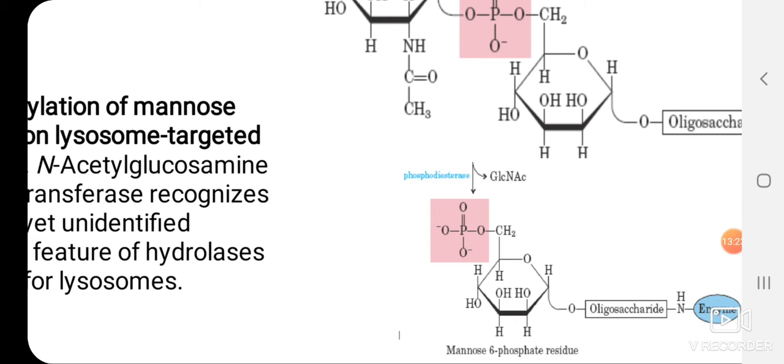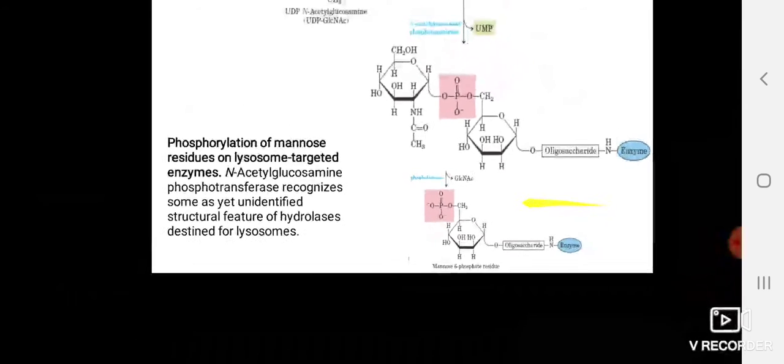By the removal of N-acetyl glucosamine, it is going to produce the mannose 6 phosphate residue at the terminal of the oligosaccharide unit attached with the enzyme. So this particular protein now is going to get recognized by the receptors of mannose 6 phosphate, and they bind with this particular protein.